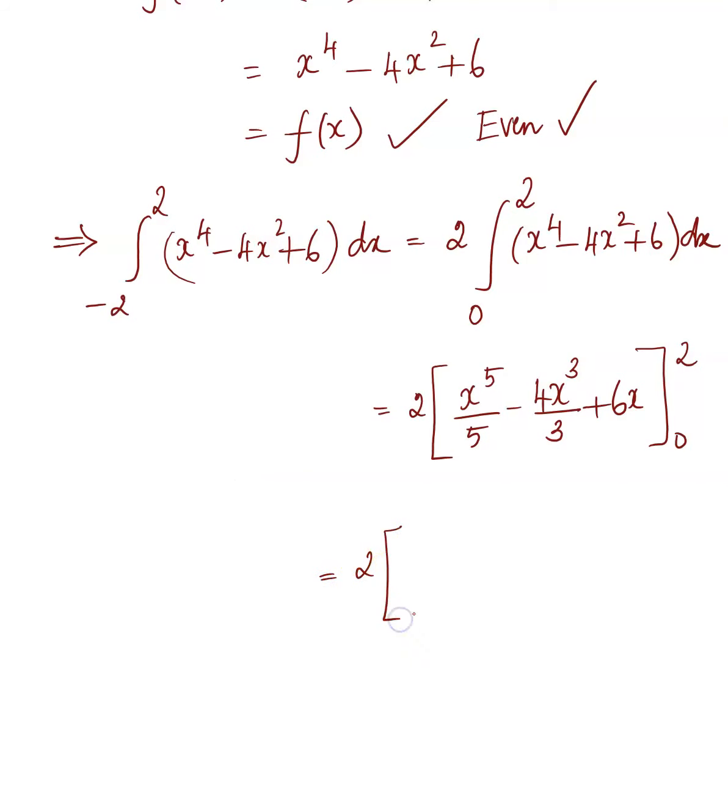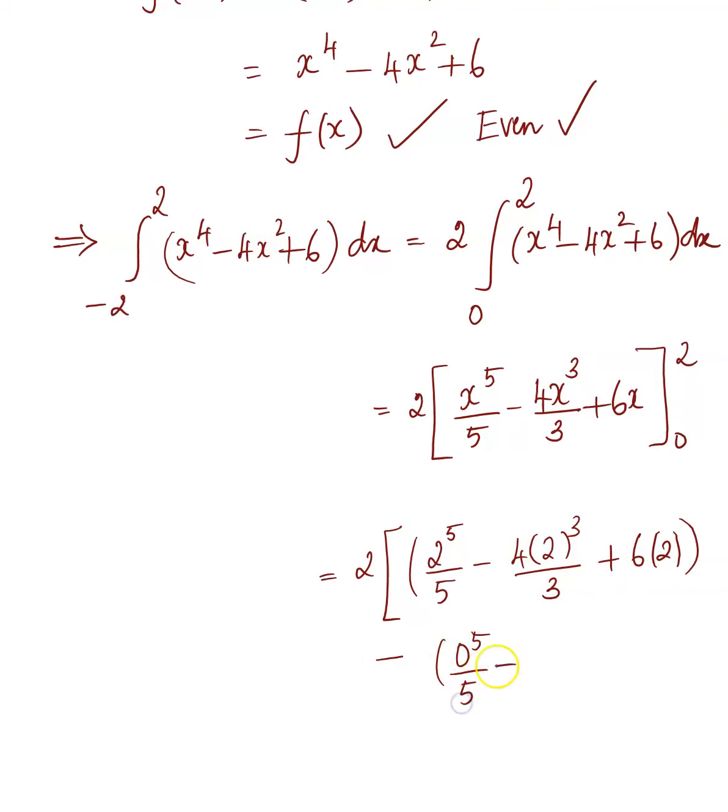That's 2 times, so from 0 to 2, 2 first: 2 to the power 5 over 5 minus 4 times 2 to the power 3 over 3 plus 6 times 2, minus, now for the 0, this is where we'll find it easier to compute because of the 0.